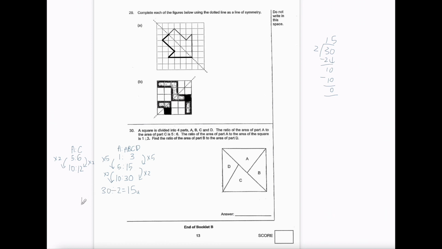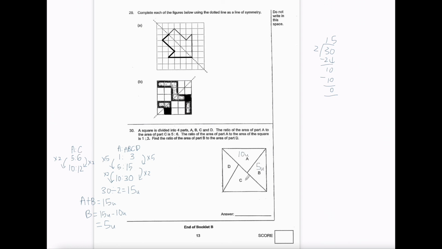So let's just say that A plus B equals 15 units, okay? And A is 10 units. So that means B is 15 units minus 10 units, which equals 5 units. Alright, so that means this is 10 units and this is 5 units.